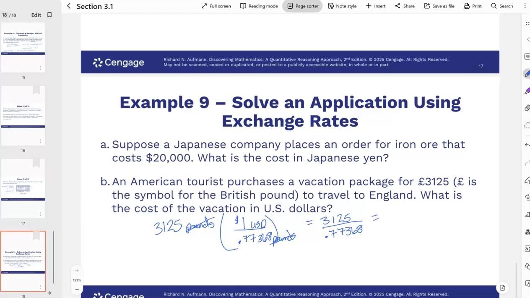So 3125 divided by 0.77368. I got 4039.14. So there's my price for that vacation package in US dollars.